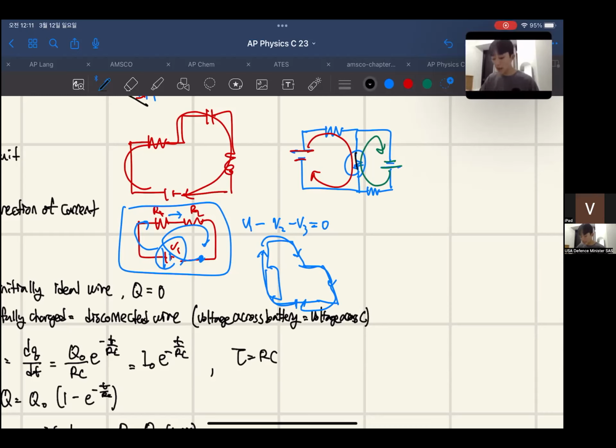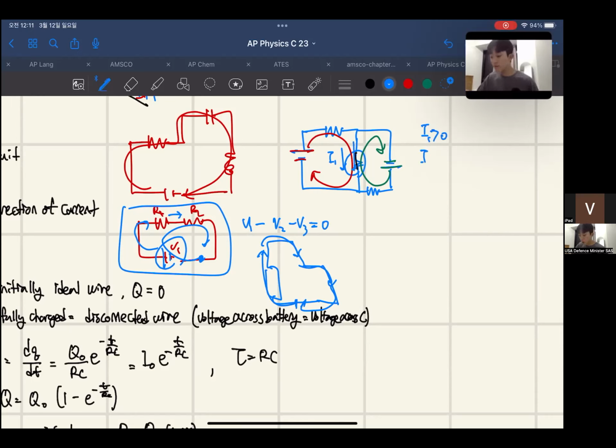Now, in those cases, just make an assumption. Let's assume that the current flows downward, and let's assume that the amount of current that flows downward would be I1. Using this assumption, calculate I1. If I1 is positive, then your assumption was true. The current would flow downward.